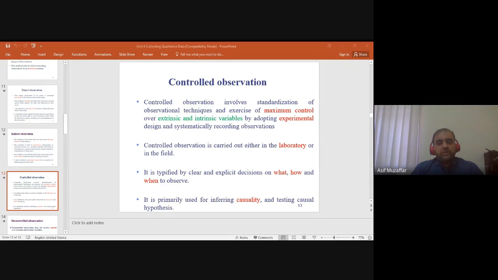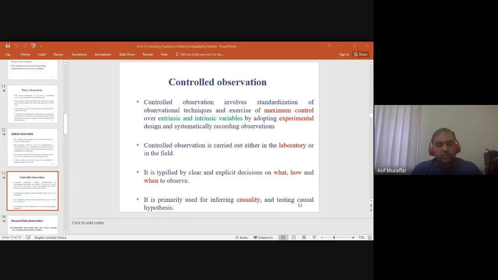Whereas intrinsic factors are related to your experiment, let's say the chemical or some phenomena which you are observing. Let's say you are doing an experiment on cats. So the cat would be something which is intrinsic, or the vaccine which you are using, maybe this is the intrinsic factor. So there are intrinsic and extrinsic factors when you are talking about some observation.